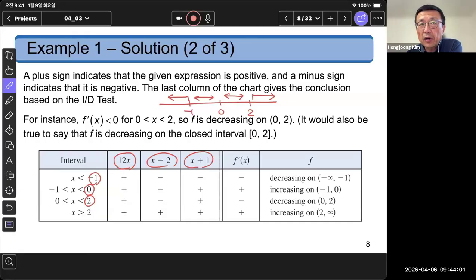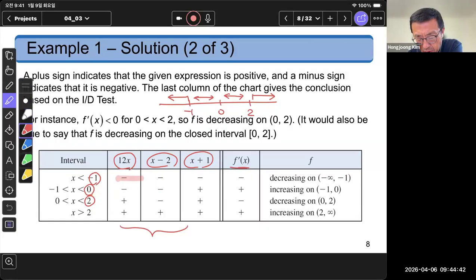So for example, to the left of negative 1, 12x is negative, x minus 2 is negative, and x plus 1 is negative. And between negative 1 and 0, 12x is negative, x minus 2 is negative, but x plus 1 is positive. In this way, you fill this table. And then you generate one more column for f prime, and you multiply the signs of these three.